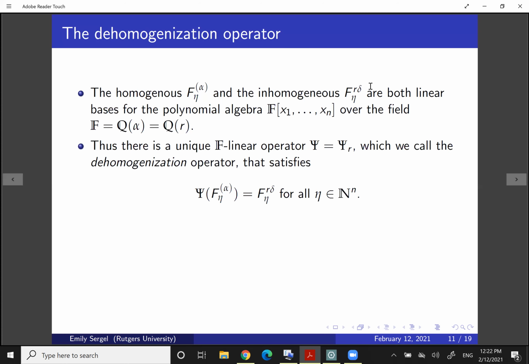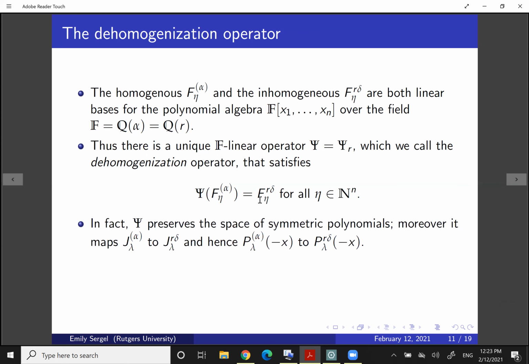So we can define a linear operator that maps the homogeneous Jack polynomial to the corresponding non-homogeneous interpolation Jack polynomial. Hence the name dehomogenization. We're dehomogenizing the Jack polynomials. And since that's a basis, we can apply this operator to anything.